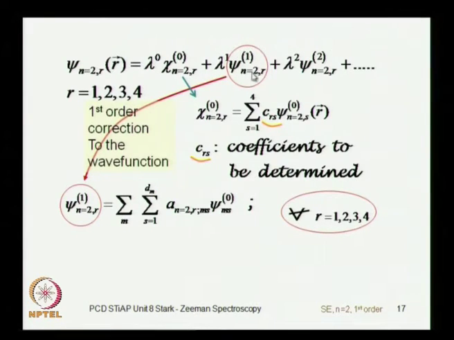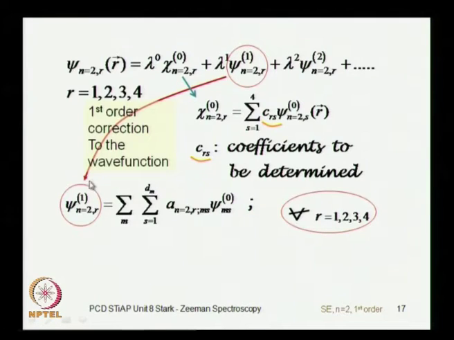The first order wave function will again, because of the perturbation theory, we expect it to be written as a superposition of all the unperturbed states, otherwise the perturbation theory will not work. The perturbation theory works because of our contention that the perturbation is expressible in terms of a superposition of the unperturbed states.